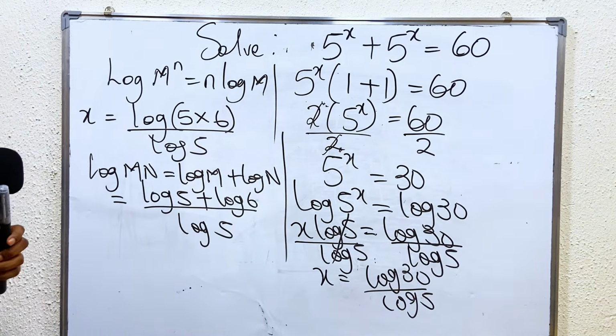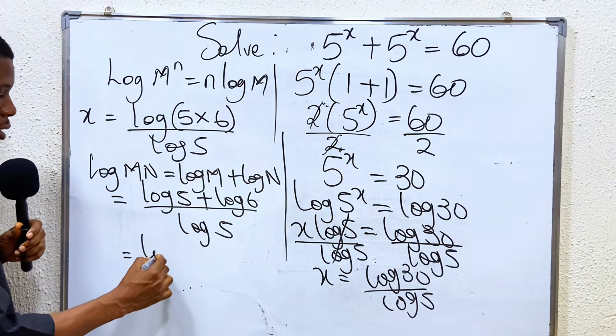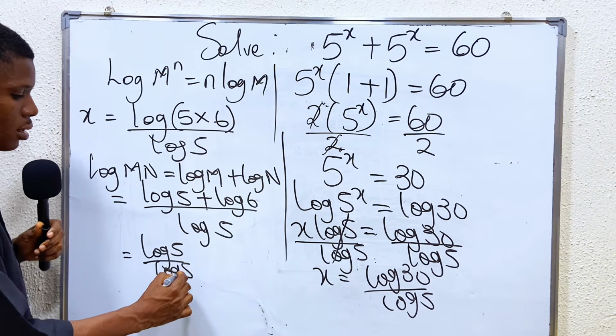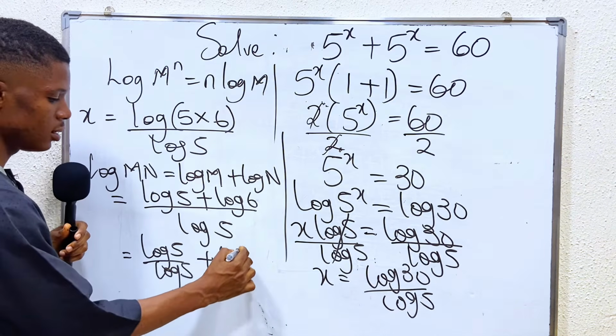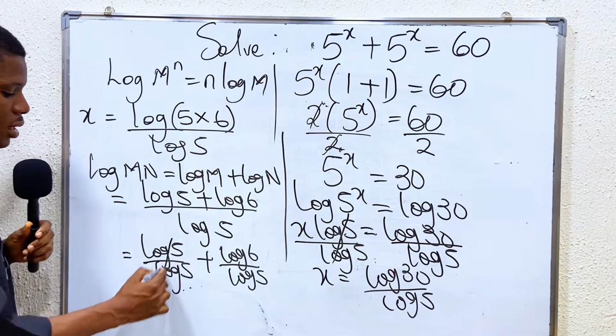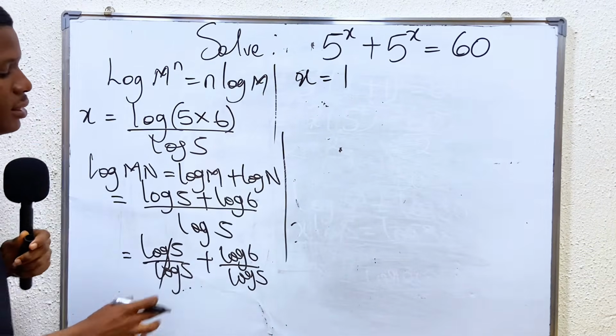At this point, we are free to split the fractions. So we have log 5 over log 5, then plus log 6 over log 5. So that this will be out. Then x is now equal to 1 because I divided this by 2.